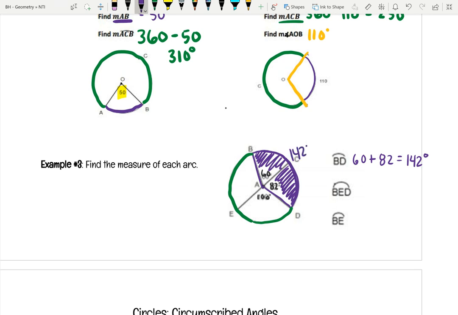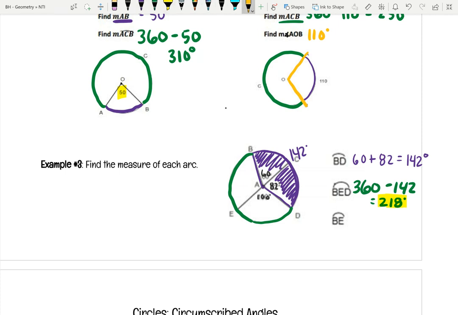We know that the entire circle equals 360, so we need to do 360 minus that 142. When you do that, you get 118. I'm sorry, 218. So your answer here is 218.